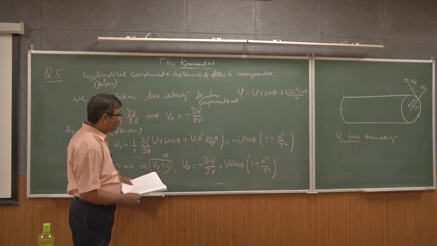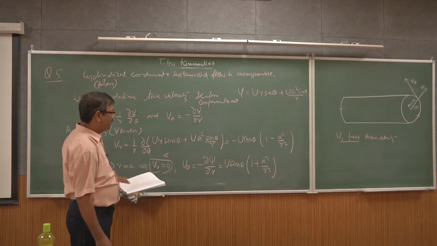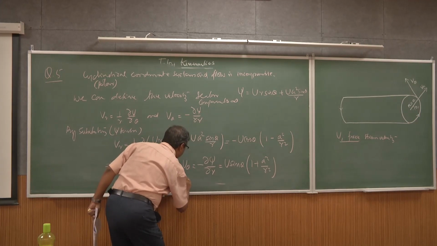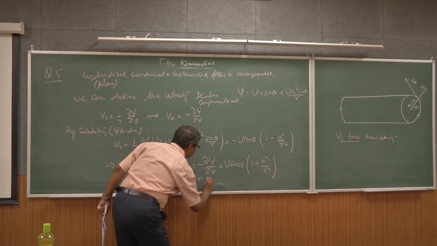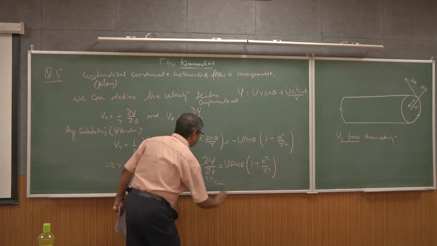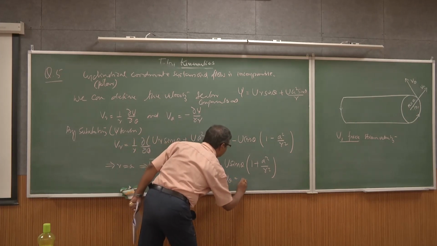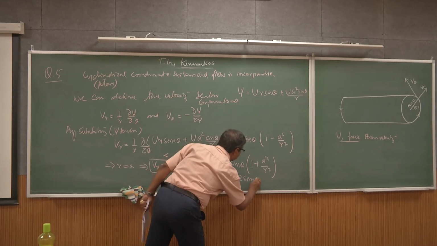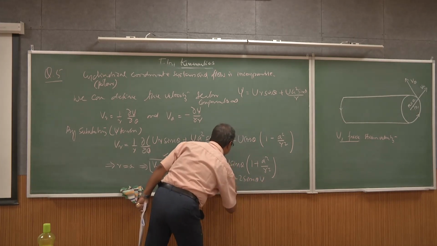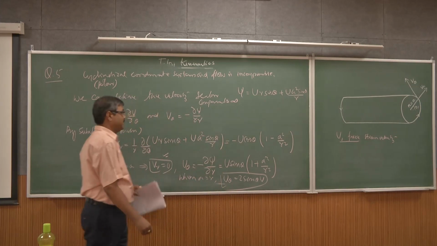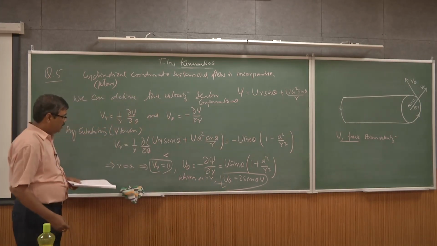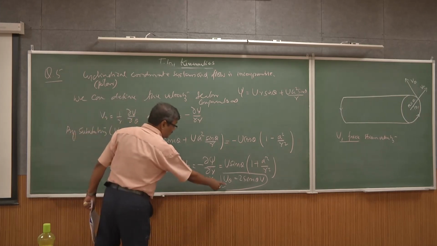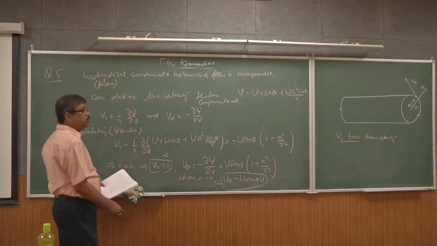So, when a becomes r, that means when a is equal to the r value, you will get V_theta as 2U sin theta. That is the tangential velocity.